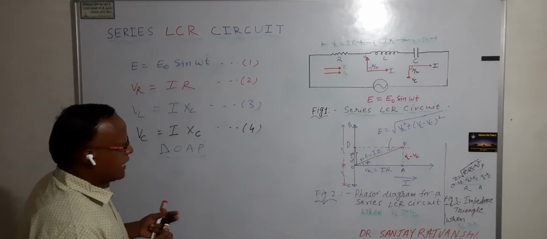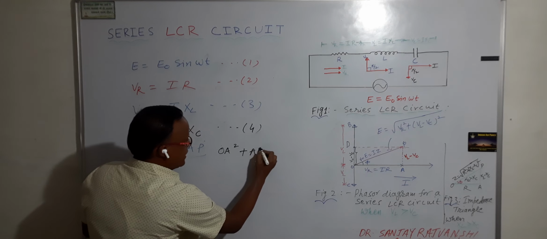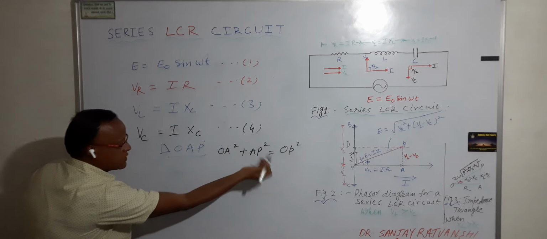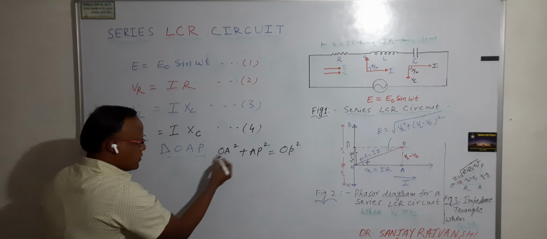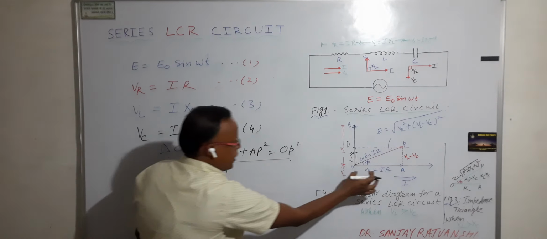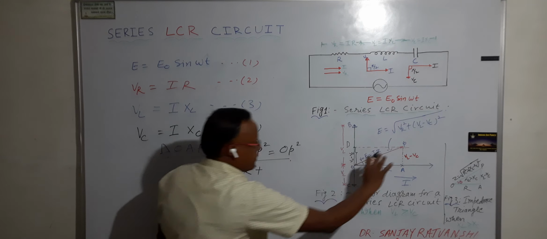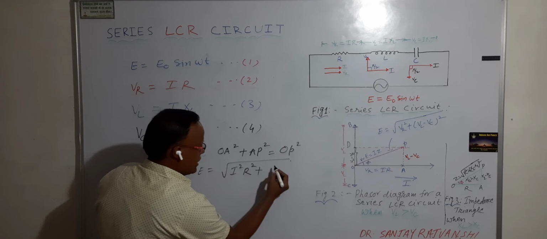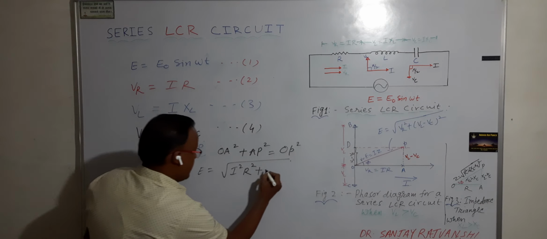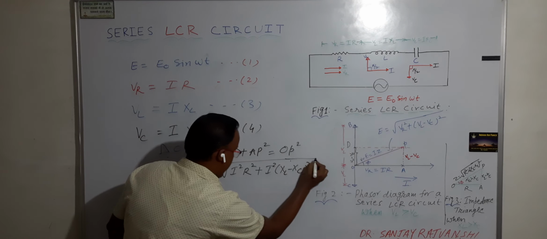So I will again come to this phasor diagram and find out this value of E for you. In triangle OAP, OA square plus AP square is equal to OP square. Or you can say OP square is equal to OA square plus AP square. So E comes out as the square root of, what is OA? OA means IR, so I square R square, plus AP, which is VL minus VC. VL minus VC has the value IXL minus IXC, so I square (XL minus XC) whole square.